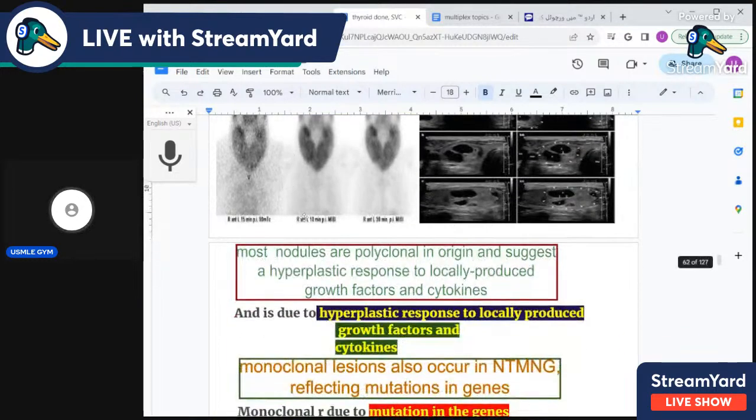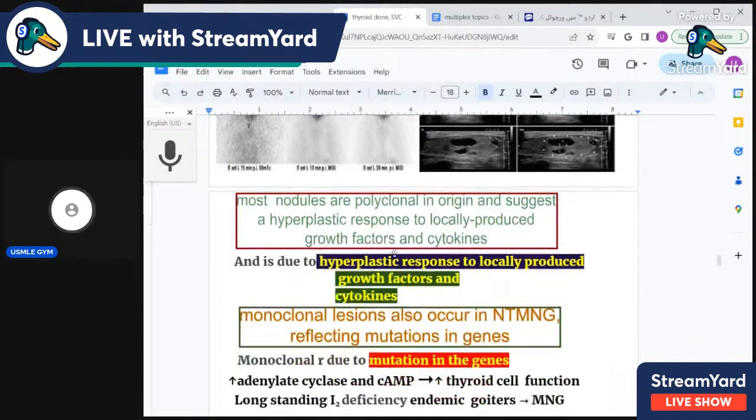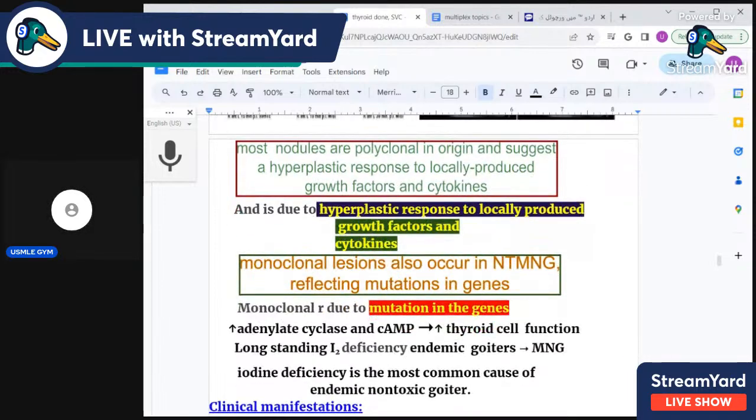Most nodules are polyclonal in origin and they cause hyperplasia because of the locally produced growth factors and cytokines. It may also be due to monoclonal lesions. Monoclonal lesions are due to mutation in the genes.